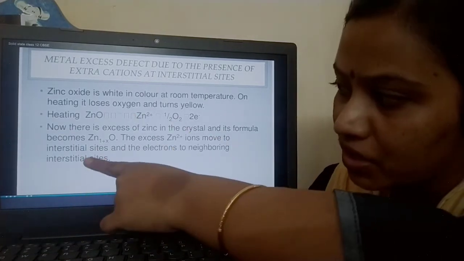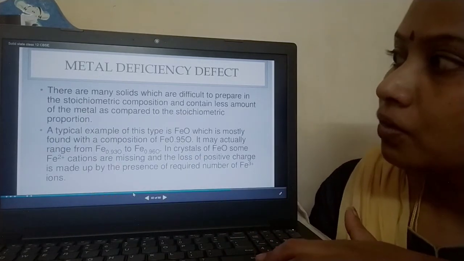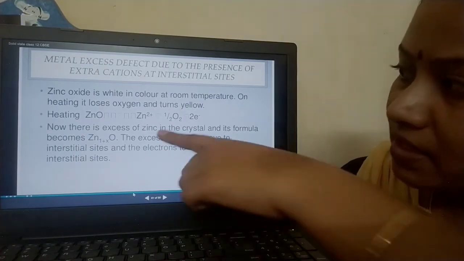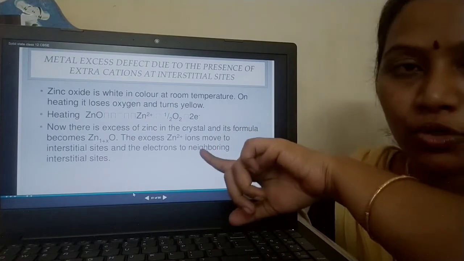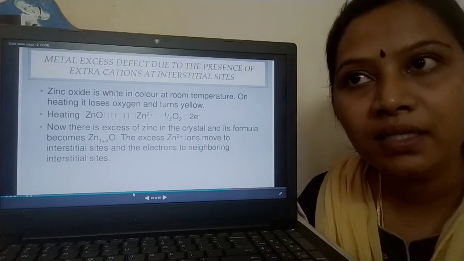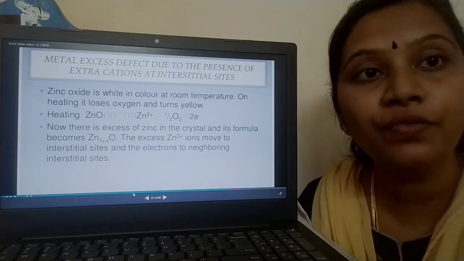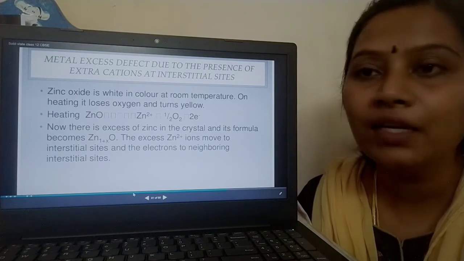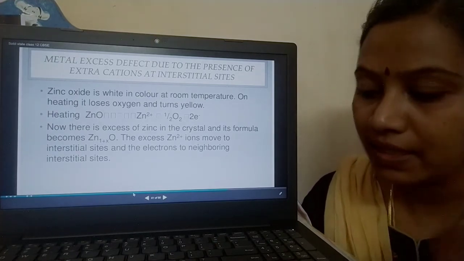This is the reason why, when heated, zinc oxide turns into yellow color. At normal temperature it is white in color, and it turns yellow because of the excess zinc ion which has moved to an interstitial site, and the electron which is released has moved to a neighboring interstitial site.